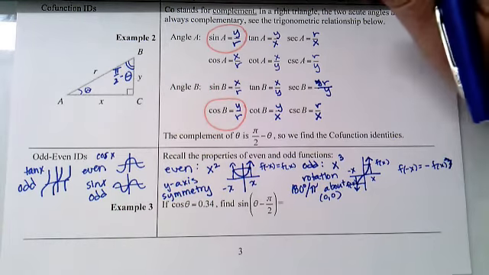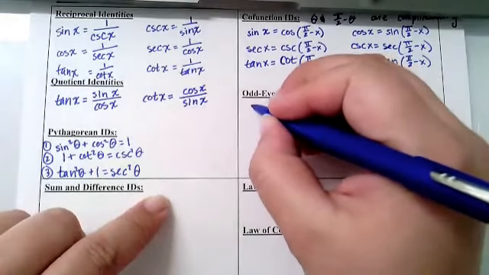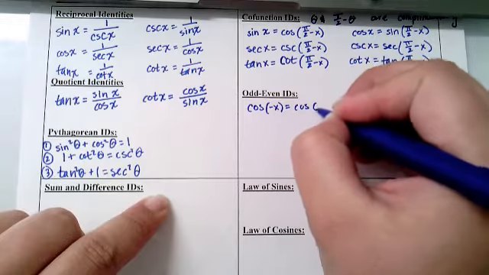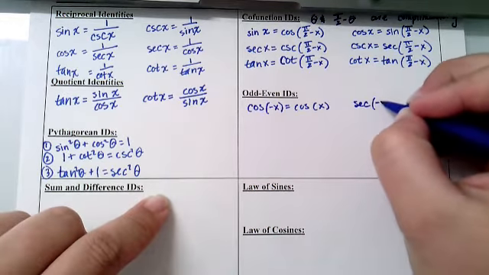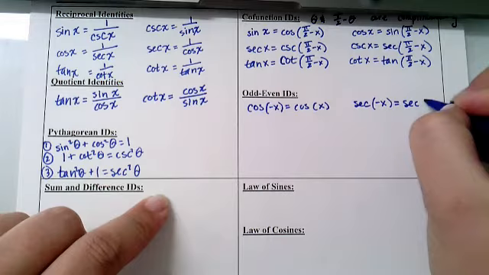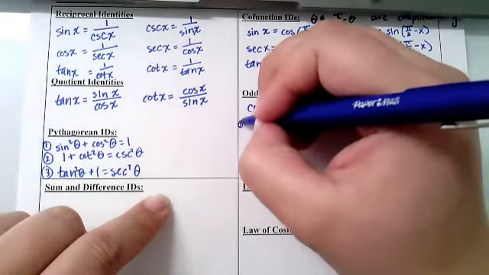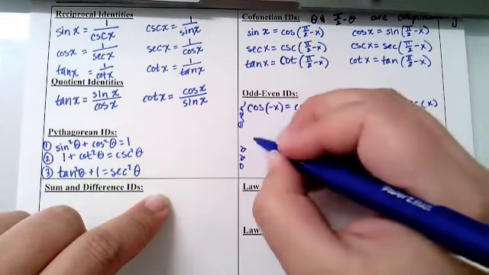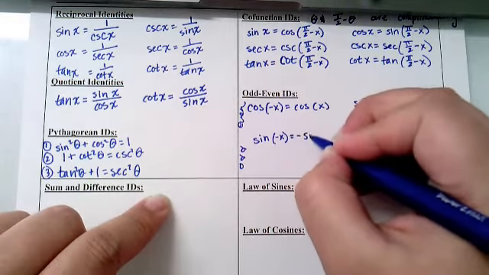So switching back over to our identities page, we see that cosine was even. So cosine of negative x is the same as cosine of x, and same with its reciprocal. Secant of negative x is secant of x. The other ones were odd, so that means sine of negative x is negative sine of x.